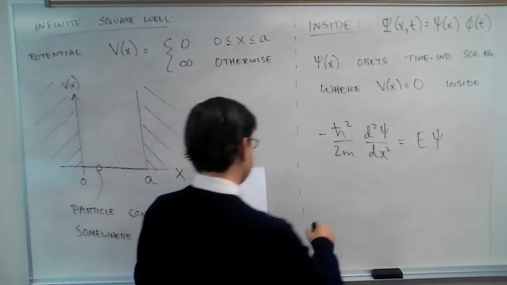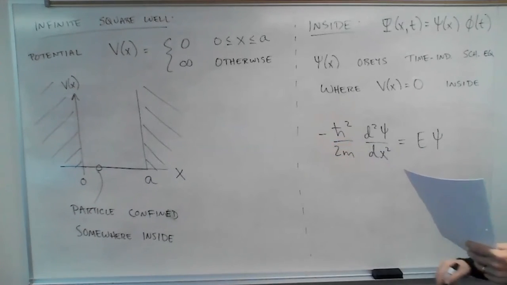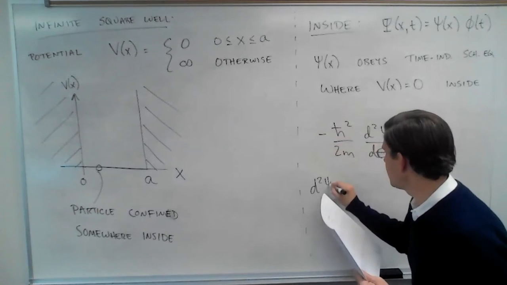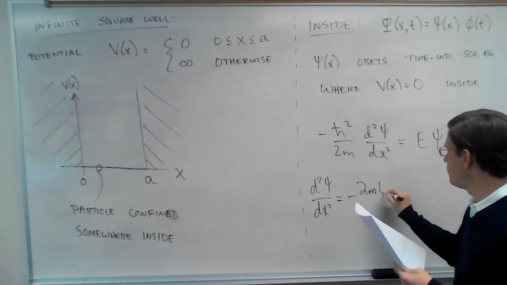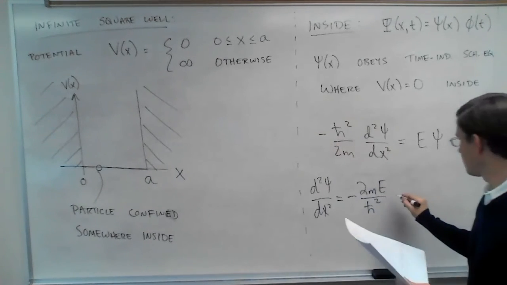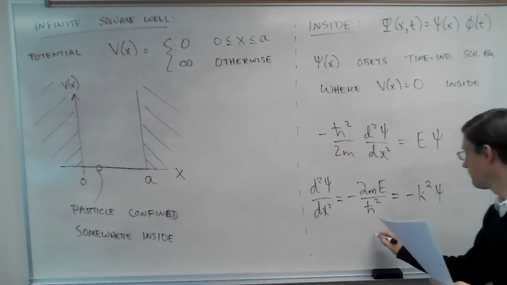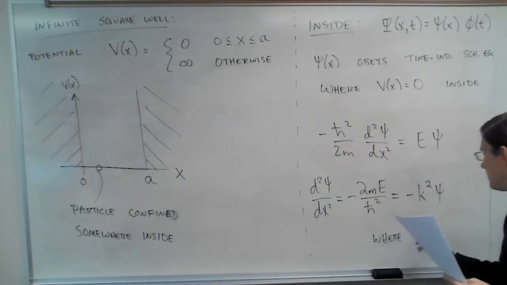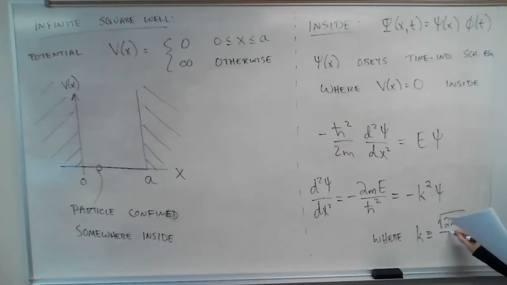I'm going to rearrange this slightly. I'm going to bring the 2m over h bar squared with a minus sign over to the right-hand side and write that d squared psi dx squared is equal to minus 2mE over h bar squared, which I'm going to make equal to minus k squared times psi, where I've defined this new number k as equal to the square root of 2mE divided by h bar.